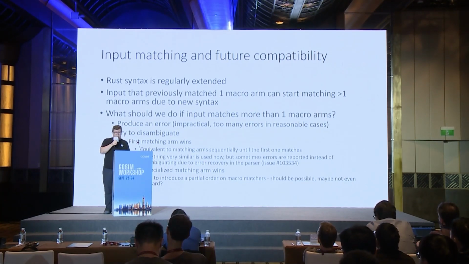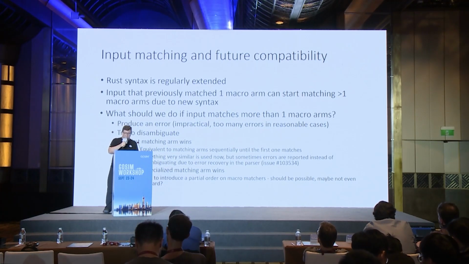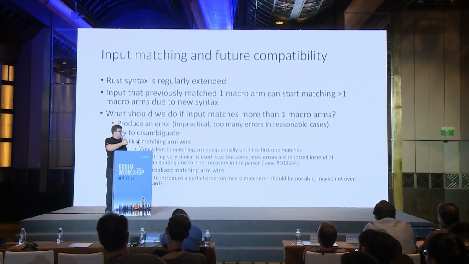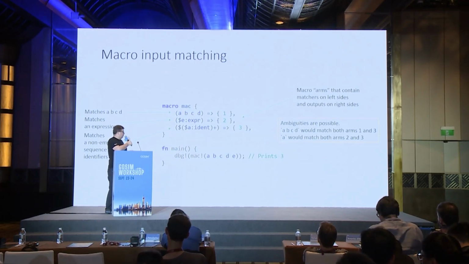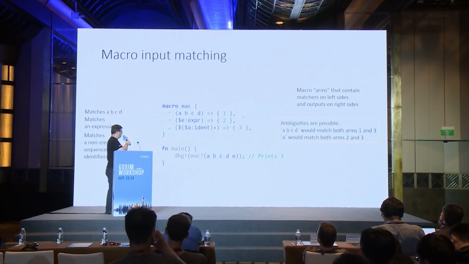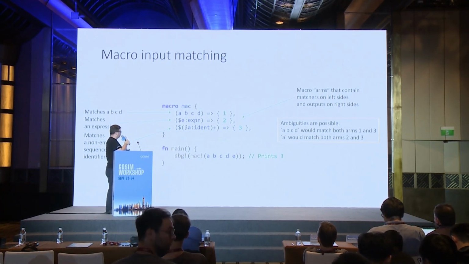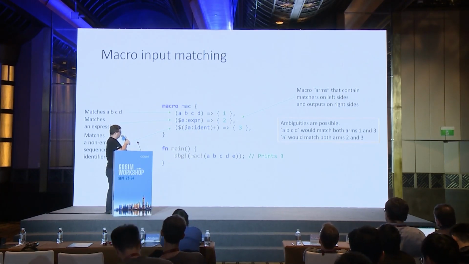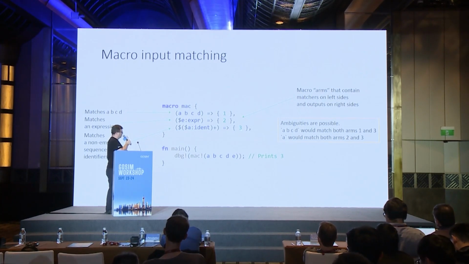Syntax in Rust is extended sometimes, and if we add some new construction to the language, then we can get new ambiguities too in macro matchers. For example, if ABCDE suddenly became an expression, then we would have an ambiguity between this and this, and we would start to output 2 instead of 3, and that would be a breaking change.